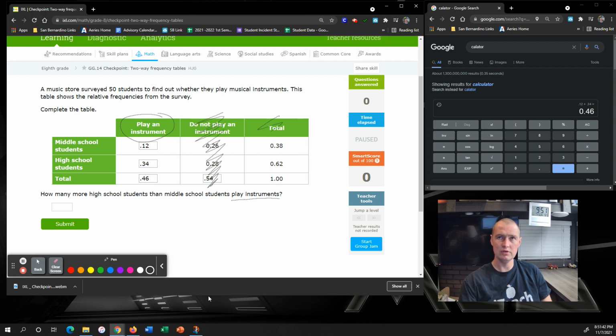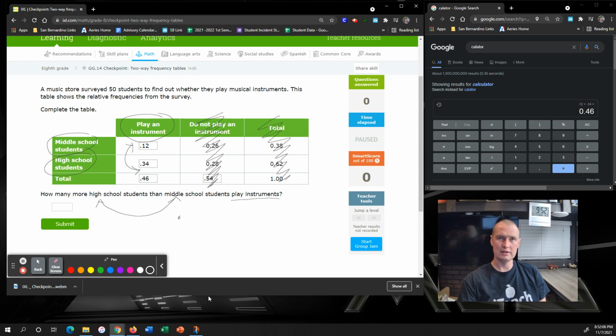And also the total is not being used either, because they're just asking for high school students compared to middle school students. Here's our middle school students, and here's our high school students. So we're comparing these two values right here, the 0.12 and 0.34.